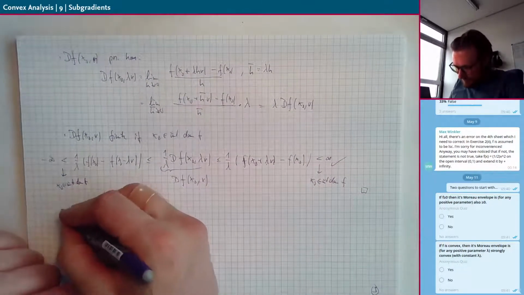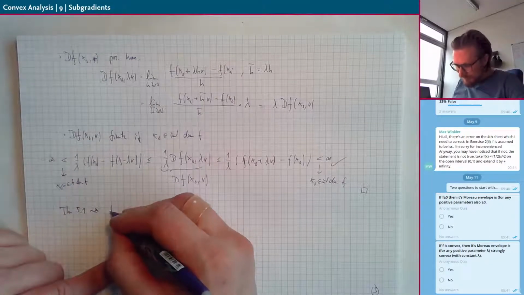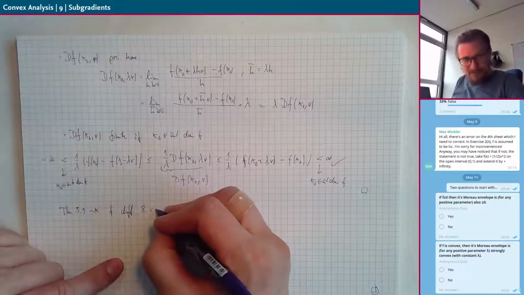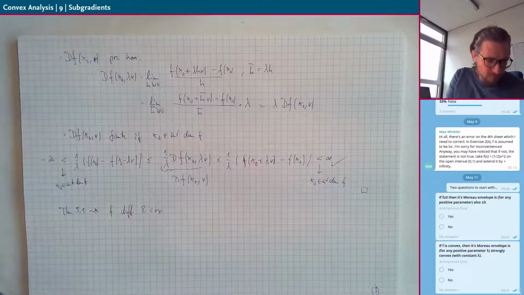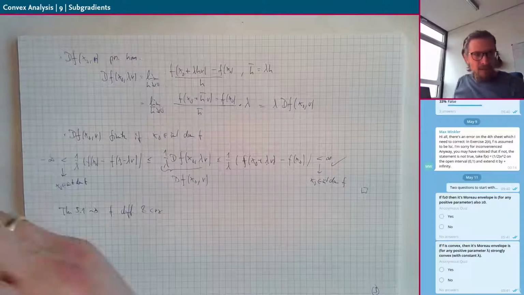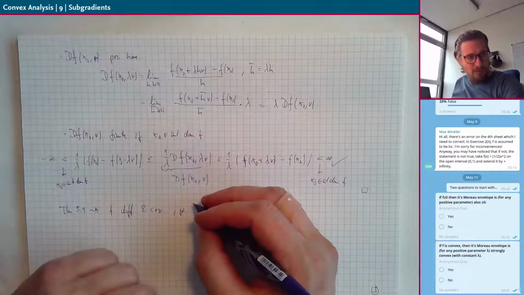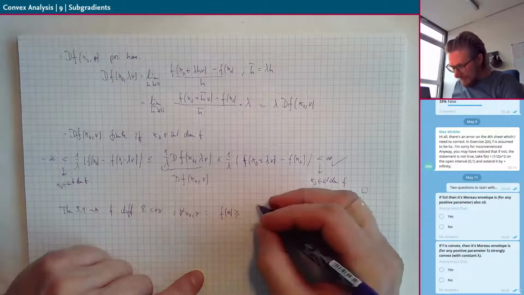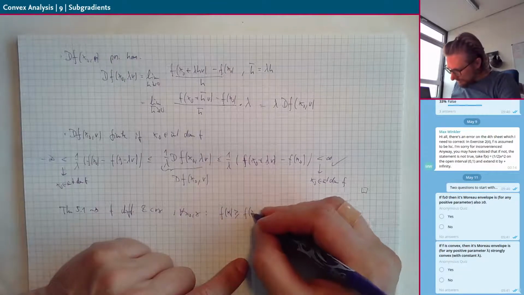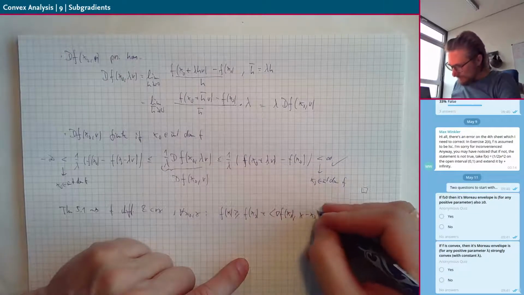So what we already saw is that theorem 5.1 showed us that if f is differentiable and convex, you have that for all x0 and x, f of x is larger or equal to f of x0 plus the inner product of the gradient of f of x0 with x minus x0.